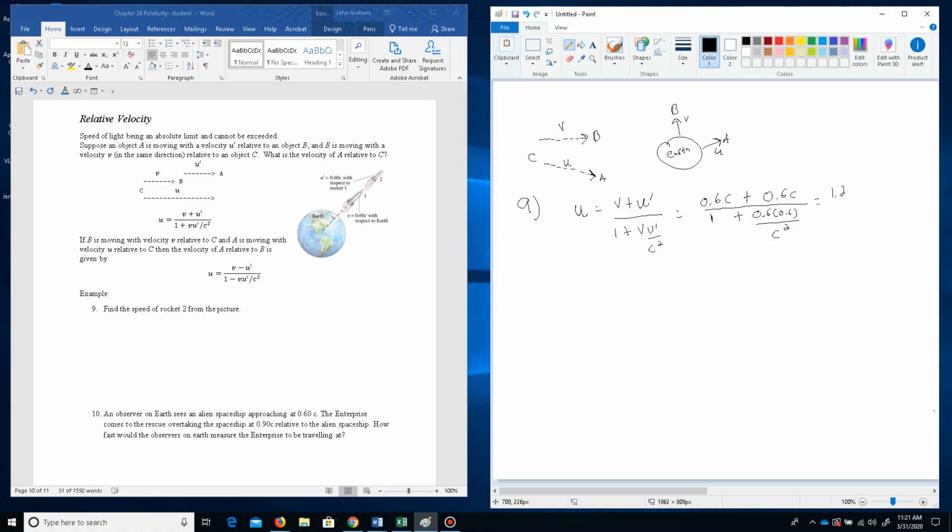So this is 1.2 c over 1 plus 0.6 squared over c squared. And I'm going to leave this c here. So when I'm calculating, I'm going to calculate everything here.